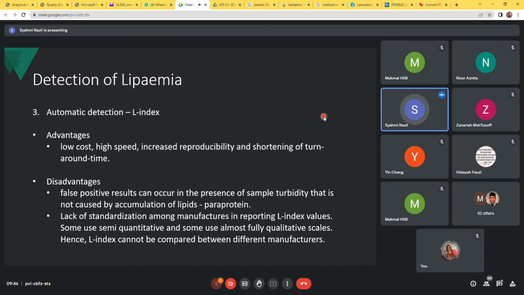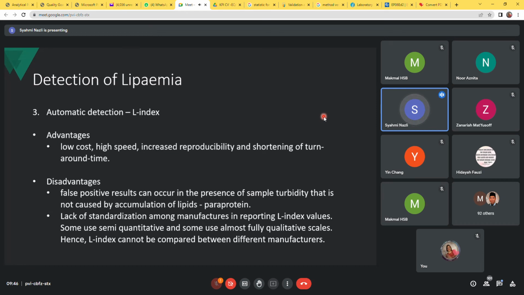This paraprotein can produce a similar interference to lipemic samples. There is also a lack of standardization among manufacturers in reporting this L index value. Some use semi-quantitative and some use almost fully qualitative scales. Hence, this lipemic index cannot be compared between different manufacturers.